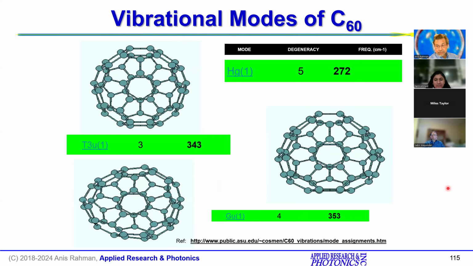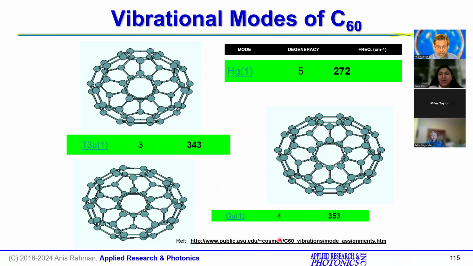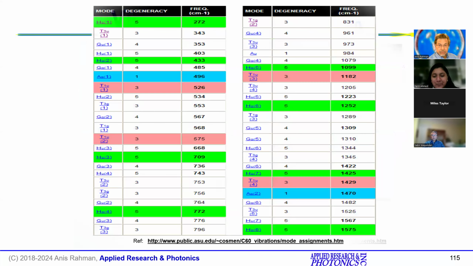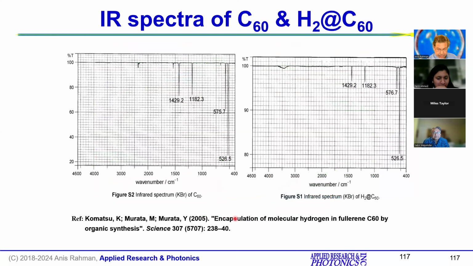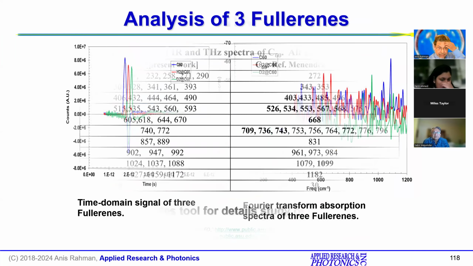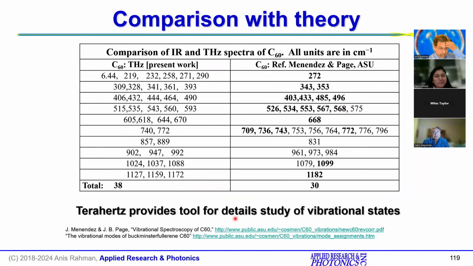I'm giving you just these three examples, but there are quite a few available from this reference, which is the work produced at Arizona State University by Menendez and Page. Sorry, not Smith.